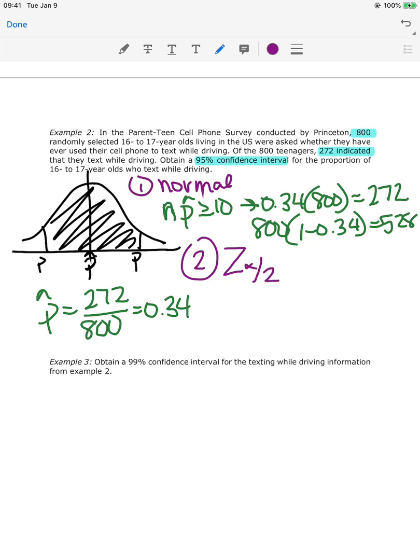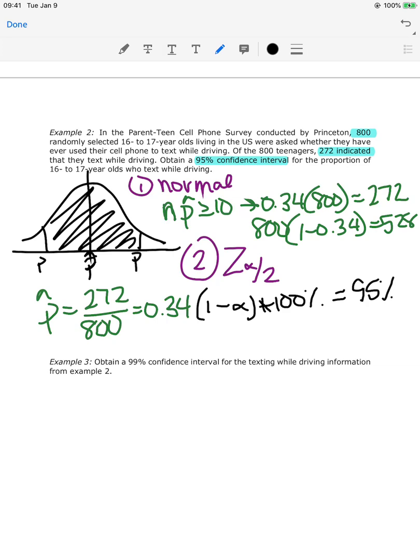So alpha, in this case, is if I rewrite this 95% confidence interval as 1 minus alpha times 100%, how would I get 95%?